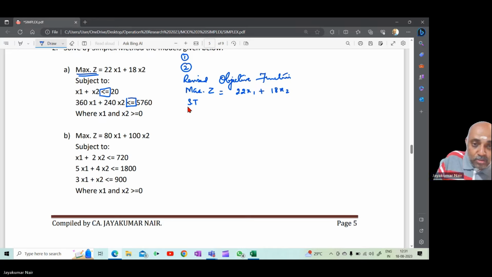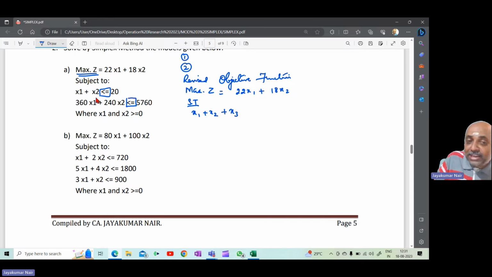Subject to, what is the first constraint? It is x1 plus x2. Here you have less than or equal to sign. So whenever you have less than or equal to sign, something has to be added here, and this x3 will be a slack variable because it is less than. It can be less than or it can be equal to.